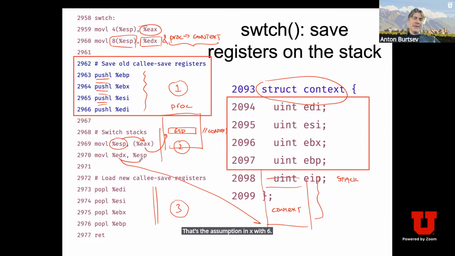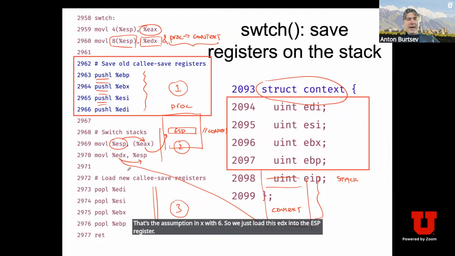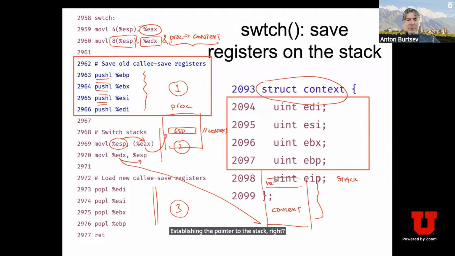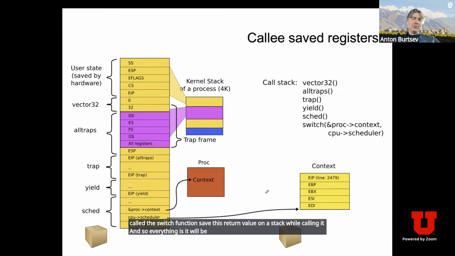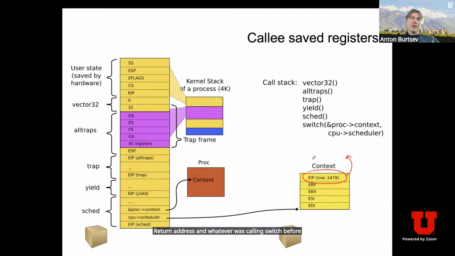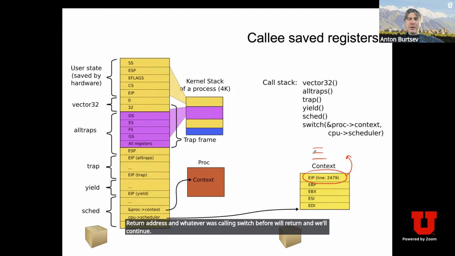So we just load this EDX into the ESP register, establishing the pointer to the stack, right? And the return address, this is where some other part of xv6 called this switch function and saved this return value on the stack while calling it. And so the execution will essentially continue from this return address, and whatever was calling switch before will return and continue working forward from here.